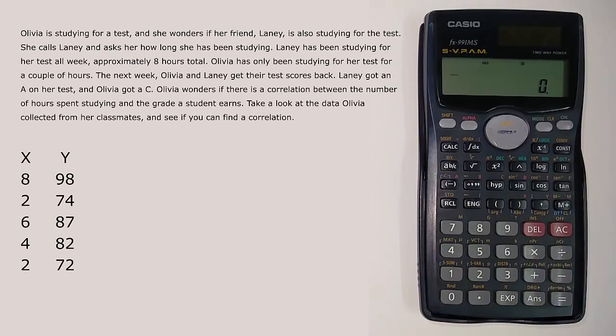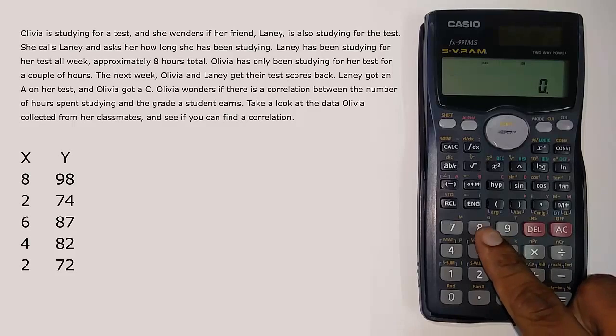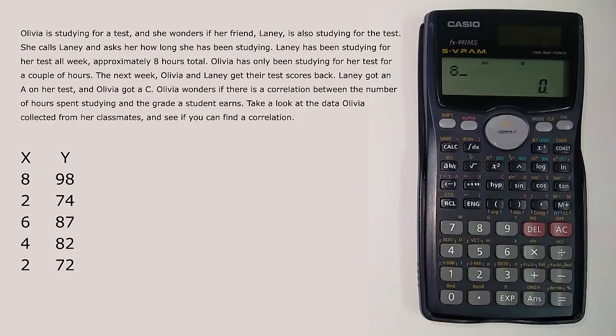Now we need to input the data as given in the table. The table is given as follows, wherein we have x and y values. So let's input the values into the calculator's memory. To input the values, enter the number as given in the table, which in this case is x and y. So for inputting the value of x, we input the value which corresponds to the x value, for example 8 in this case.